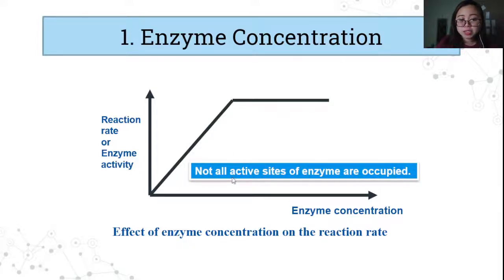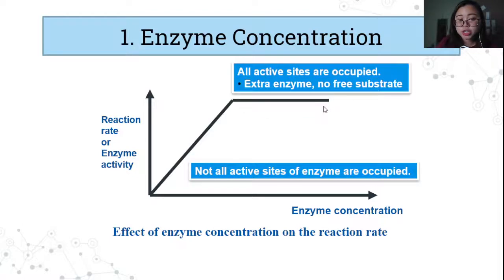Up until a certain point, as we increase enzyme concentration, it's not going to have any effect on the rate of reaction because after this point, all the active sites of enzymes are occupied. So now we have extra enzymes but no free substrate. So that's why the reaction rate does not increase. So this is it for the first factor.